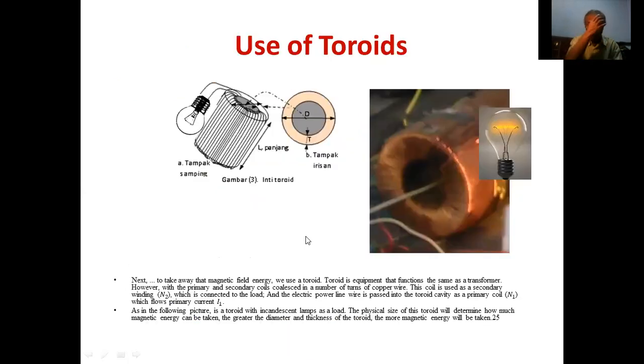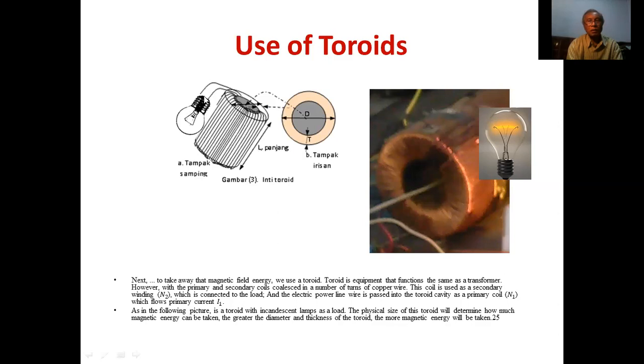Next, how to take the electromagnetic field: use a toroid that functions the same as a transformer. However, with the primary and secondary coil, a number of turns of copper wire is used as a secondary winding N2, which is connected to the load.